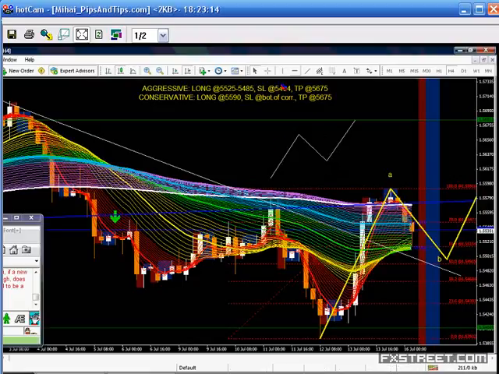But if it breaks, okay, it's not necessarily a new... Hold on, let me just put it like this. Okay, it's not a new move. It always was a new move, but it's where it confirmed to be a new move.